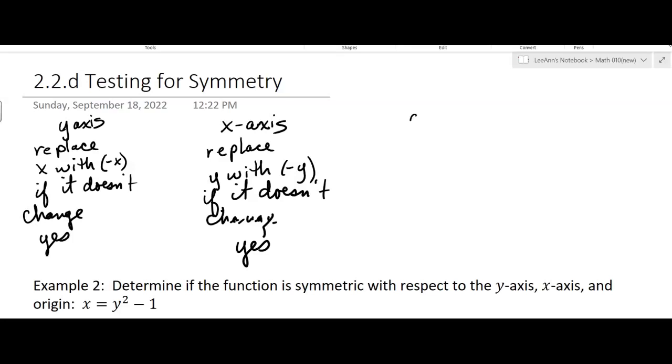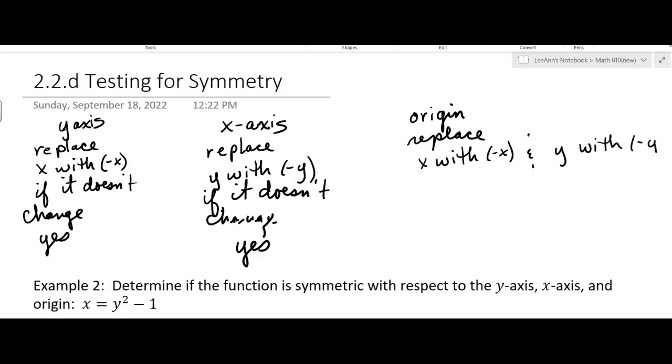And then if you want to know if it's symmetric with respect to the origin, you replace both of them. So you replace x with negative x and y with negative y.